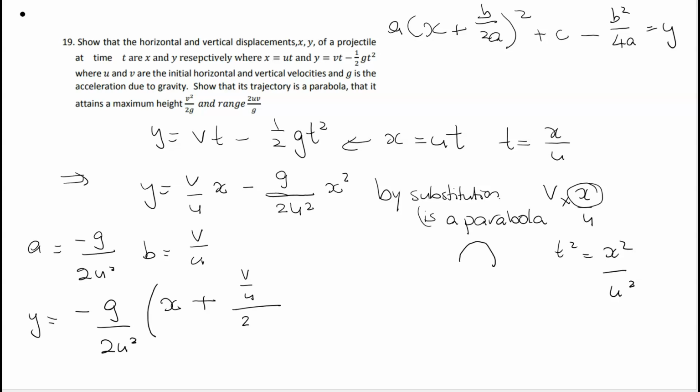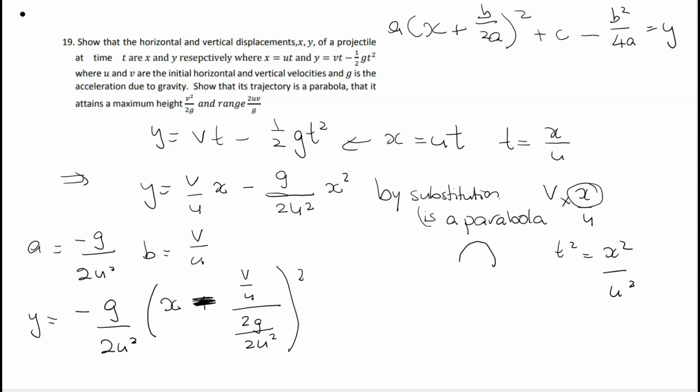Sorry, now it's a minus in there. And we've got 2a, so it's 2g over 2u squared. That's got to be squared. So I'm just following the rule. Now, plus c, there is no constant term, so we can say that that's plus 0.